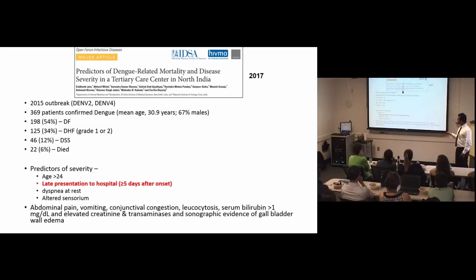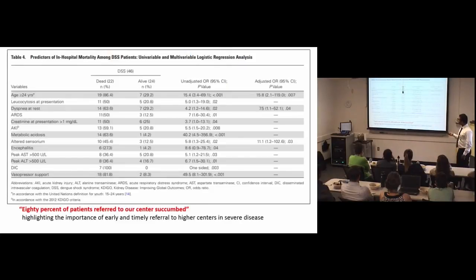Other than that, they came up with many clinical, radiological and laboratory parameters: abdominal pain and vomiting, leukocytosis, bilirubin, creatinine, and also sonographic evidence of gallbladder wall edema. People who have these are more prone to get severe disease. This chart on your left side shows all the parameters which are predictors of death in dengue.